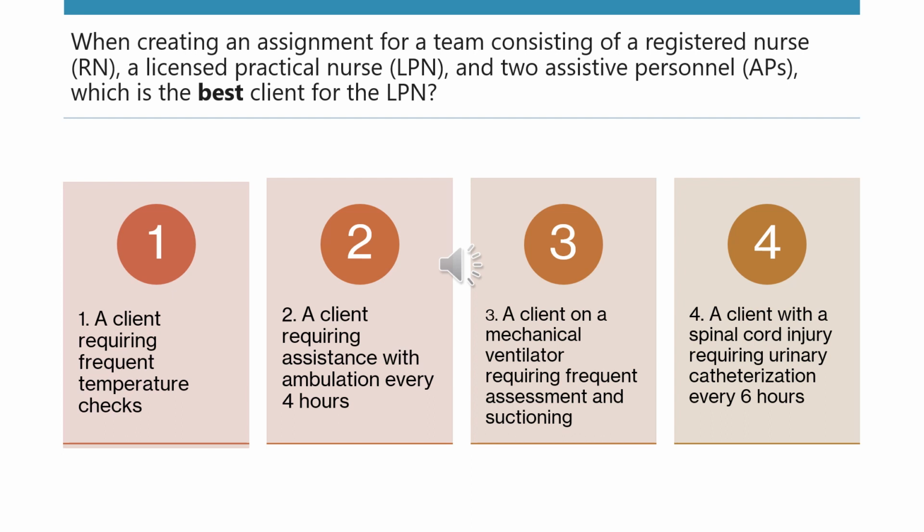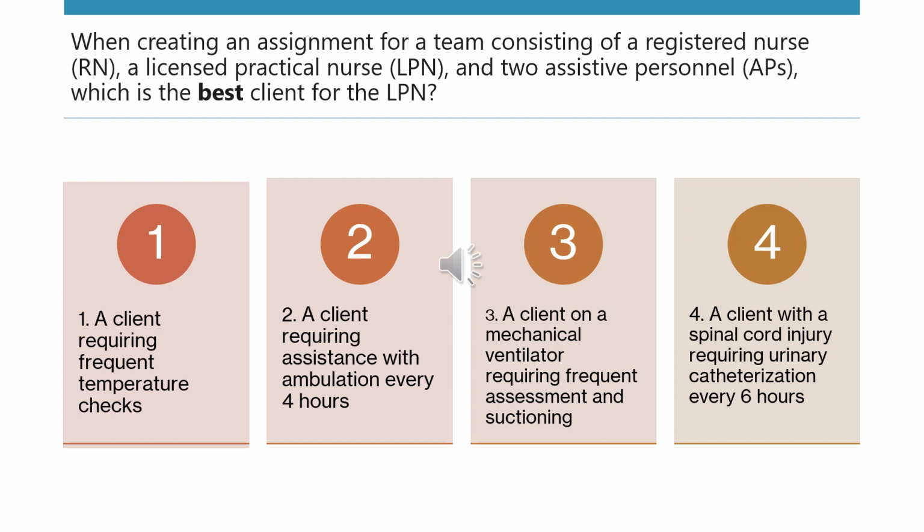Option 2, a client requiring assistance with ambulation every 4 hours. Option 3, a client on a mechanical ventilator requiring frequent assessment and suctioning. Or option 4, a client with a spinal cord injury requiring urinary catheterization every 6 hours.